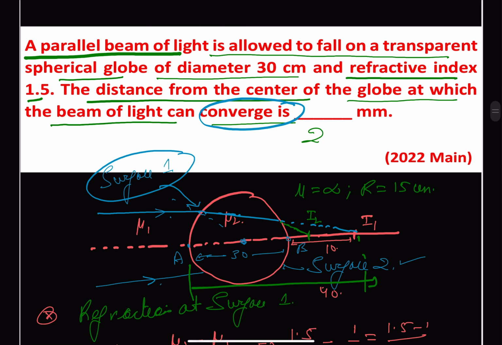So the beam will converge 225 millimeters from the center of the sphere.